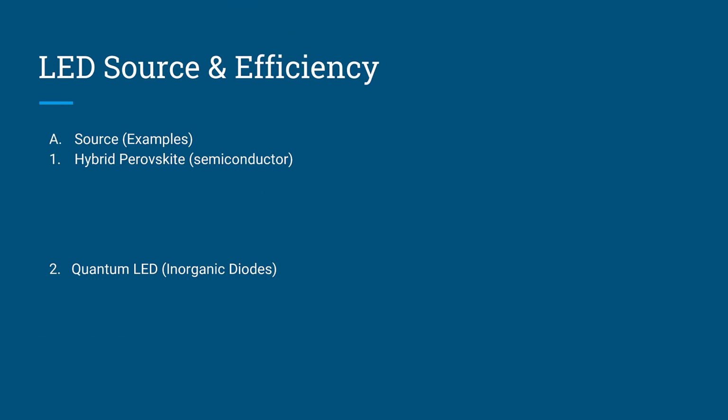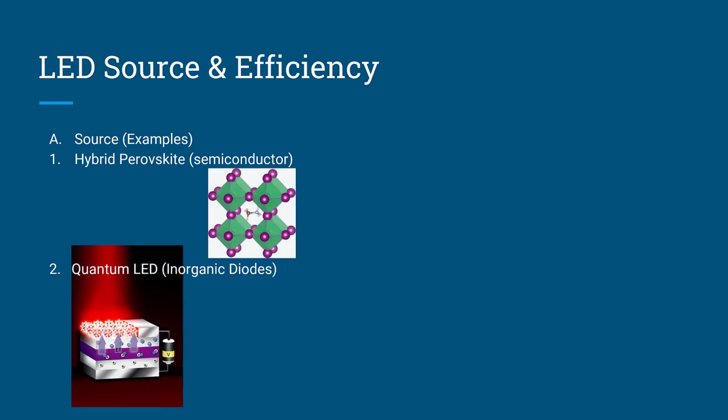As for LED sources, organics are usually greater in quality and efficiency, but there are inorganics that are bridging the gap, such as hybrid perovskite semiconductors and quantum LEDs that are implemented in Samsungs today.